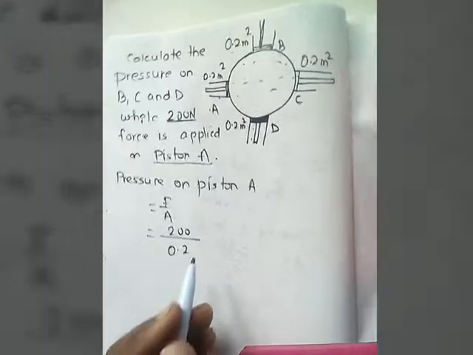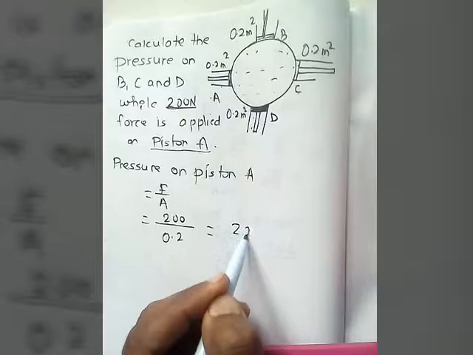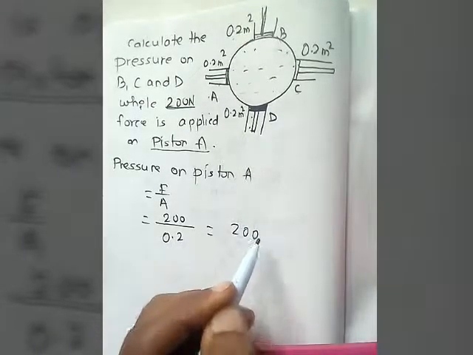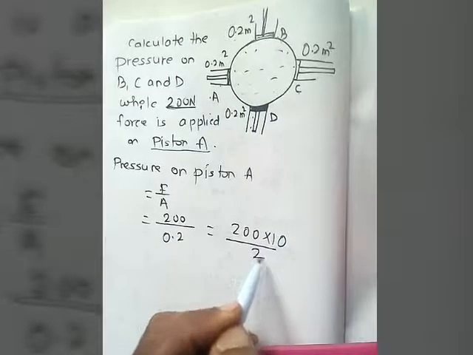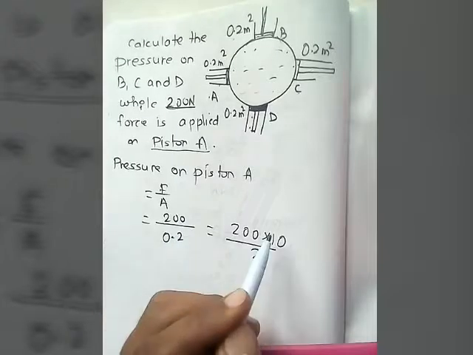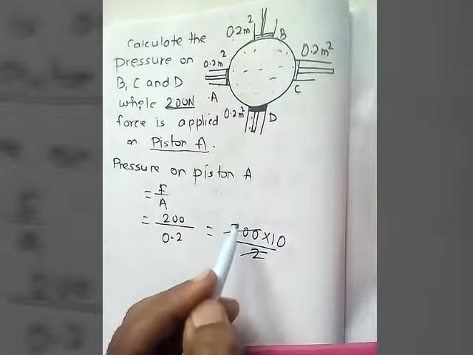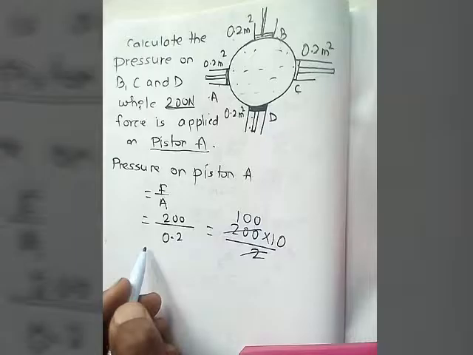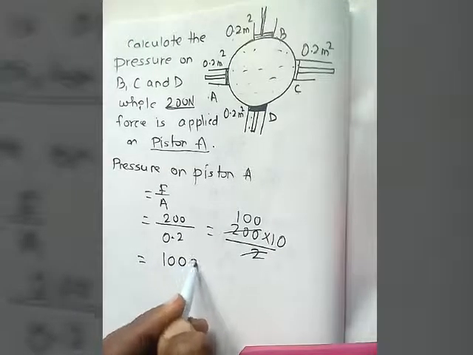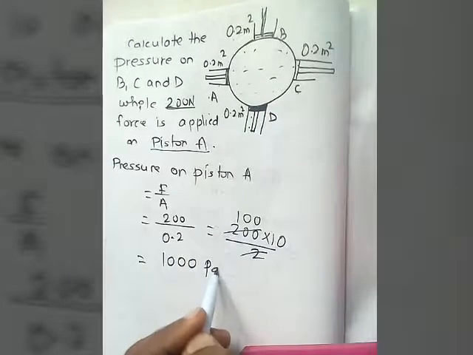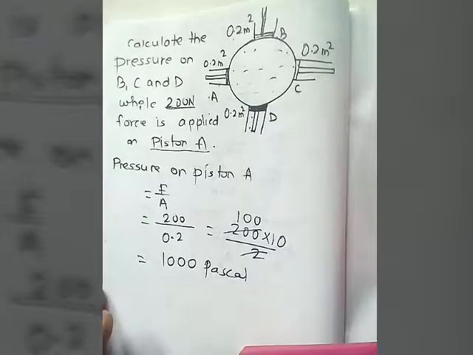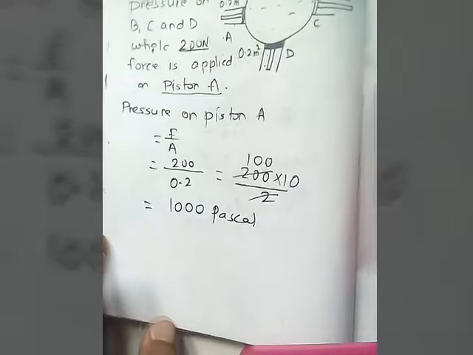If you do the calculation, how much do we get? This is 200 by 0.2, that means this will be 10 divided by 2. You know that the point changes, one goes over there, so 2 1s are 2, that's 1000 Pascal. So this is the pressure that is developed on the piston.